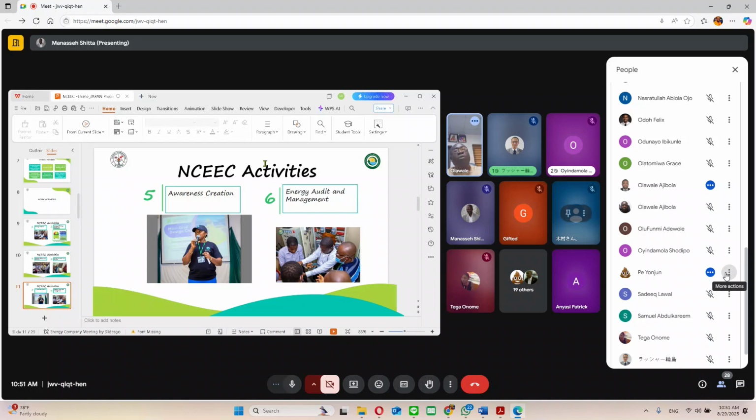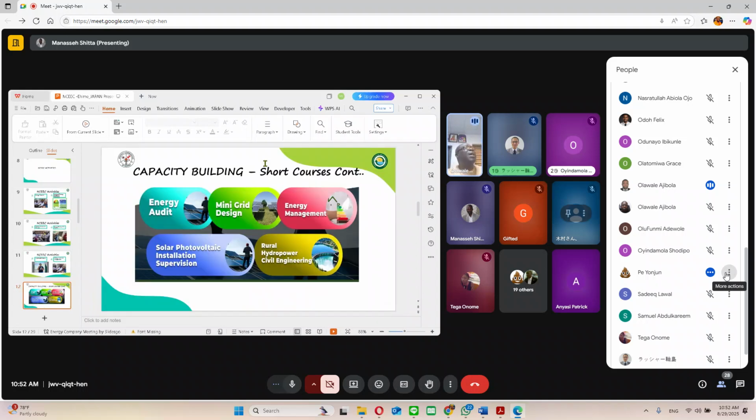Next slide, please. And also awareness creation. We are involved in awareness creation for small and medium scale enterprises in Nigeria, and even for the large scale enterprises. Energy audit and management is also our main activity at the National Center for Energy Efficiency and Conservation.